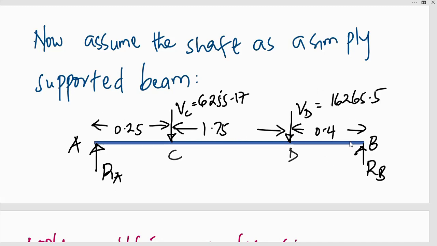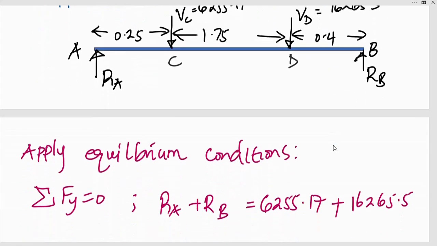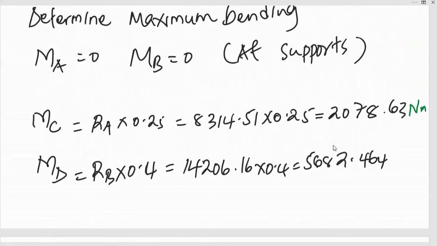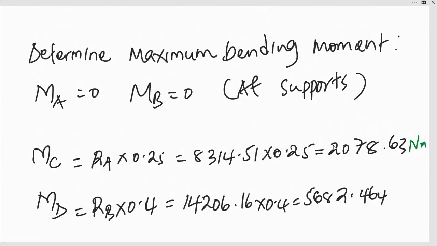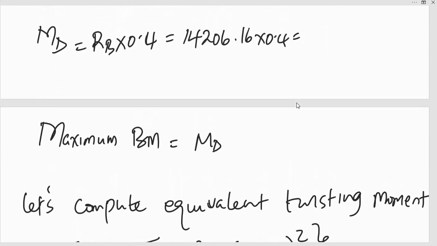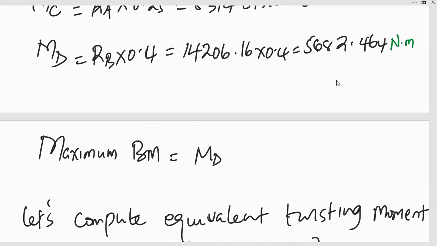Since it is the same moment, it will be RB times 0.4, and that will be the bending moment I will experience at D. So that will be 14206.16 times 0.4, and this is equal to 5682.464 newton meters.